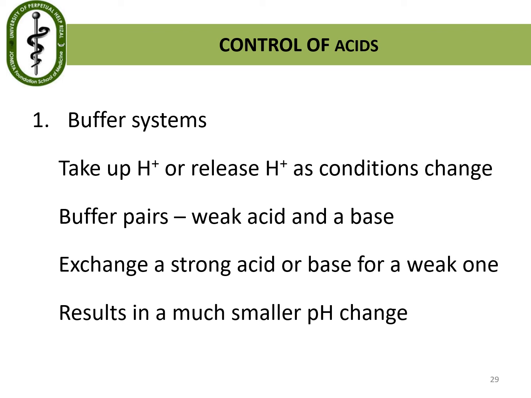So for the control of acids, in review, we control acids through the buffers. Buffer systems take up hydrogen or release hydrogen as conditions change. Buffer pairs are a weak acid and a base. And there's exchange of a strong acid or base for a weak one, which results in much smaller pH change.